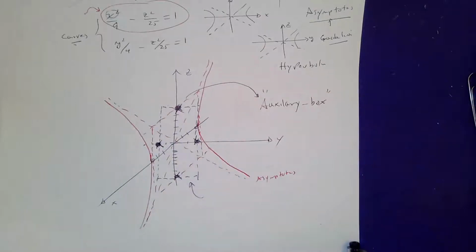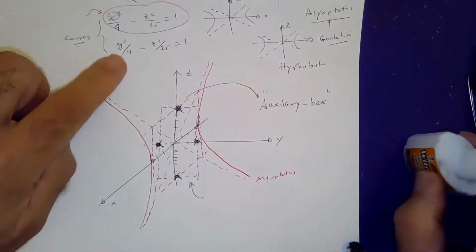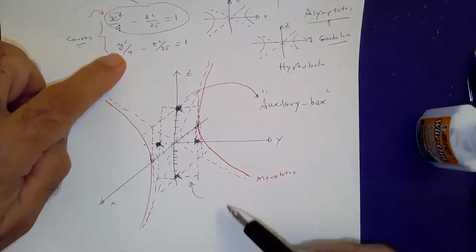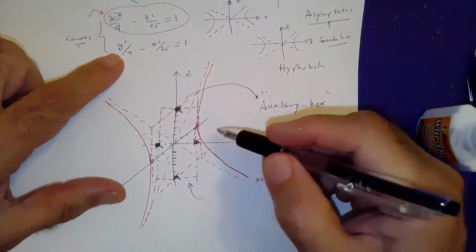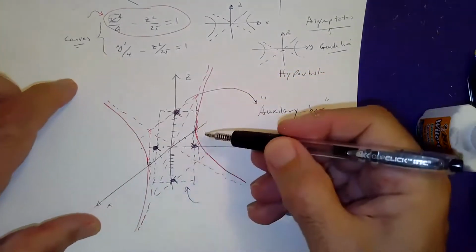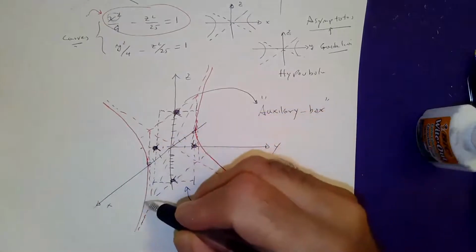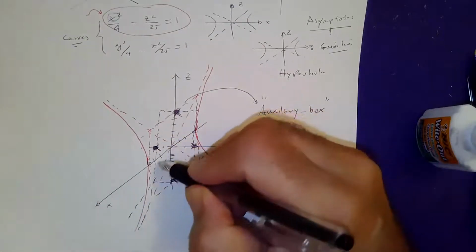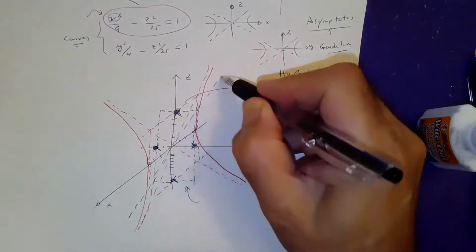So now, guess what? Y shows up first. Can you all see it? Y shows up first. Where is it? It's right here. So therefore, the branches of this hyperbola are going to open along the what? Y-axis. But wait a minute, you didn't draw the asymptotes yet. You are absolutely right. So let me just draw the asymptotes.